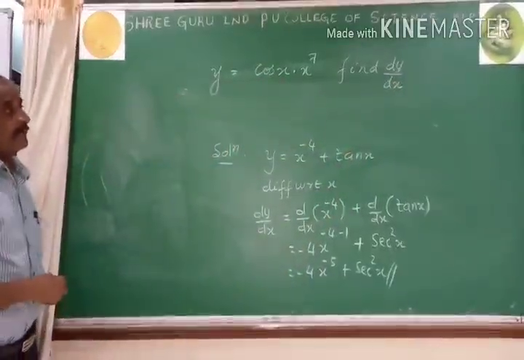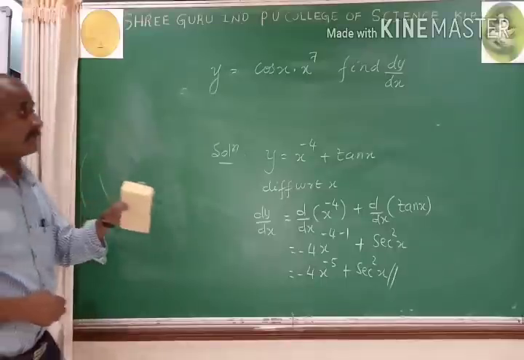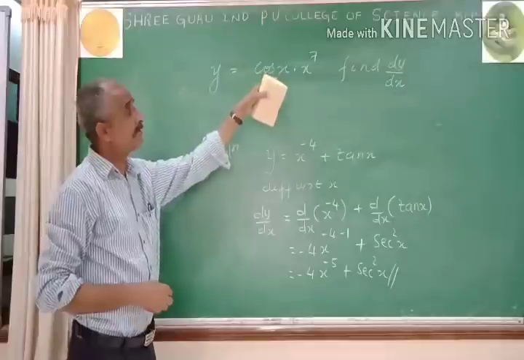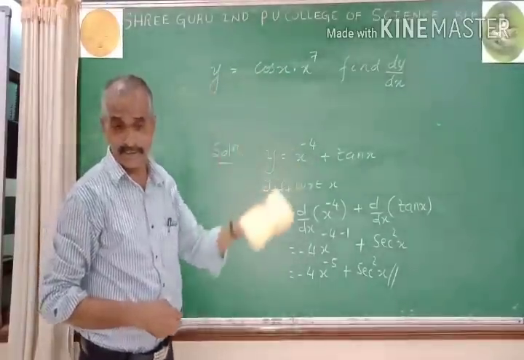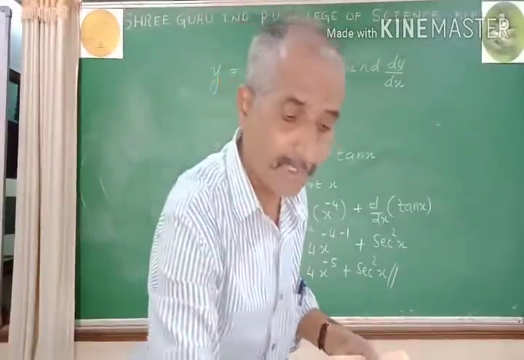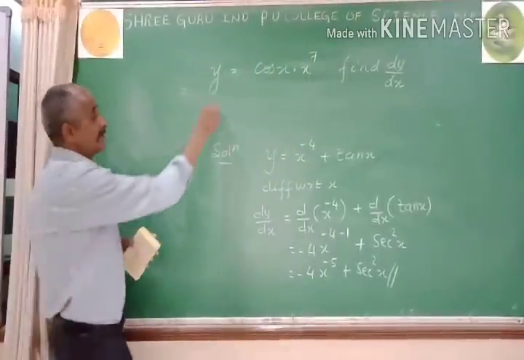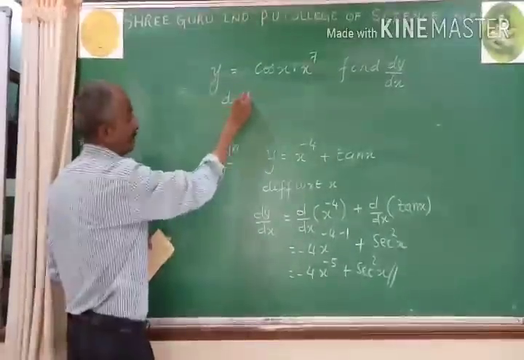You must be very much aware of whether the functions in the given expression are connected by sum or product. Here two functions are connected by product, so we are supposed to apply compulsorily the product rule but not the sum rule. So let's differentiate both sides with respect to x.